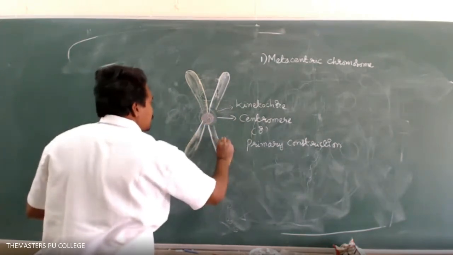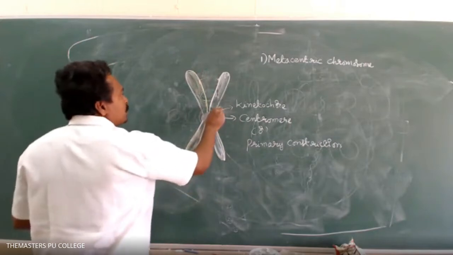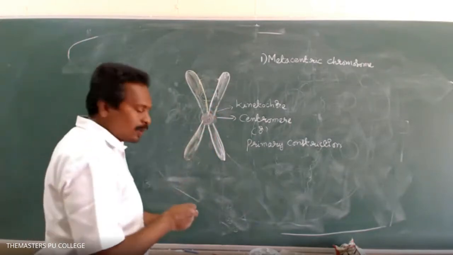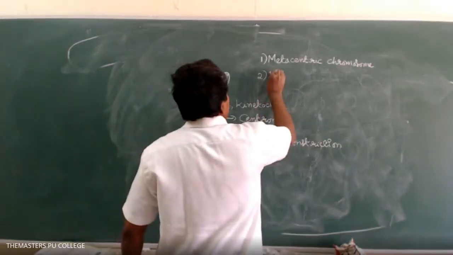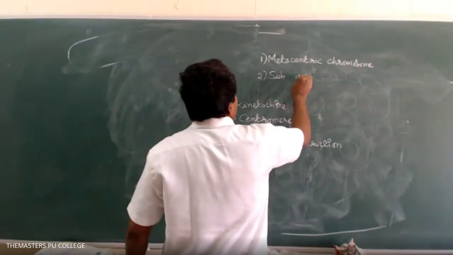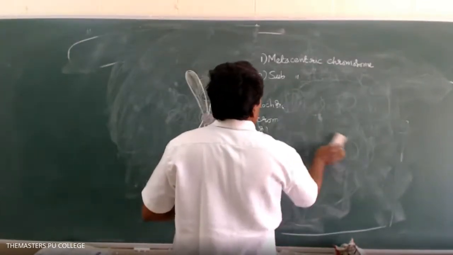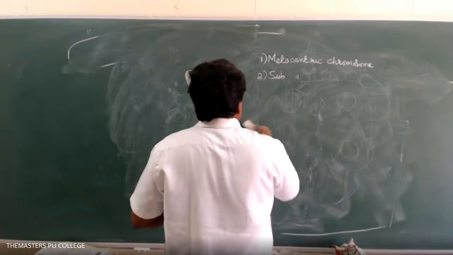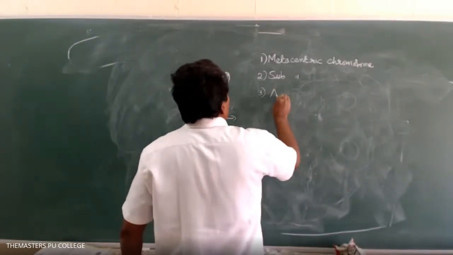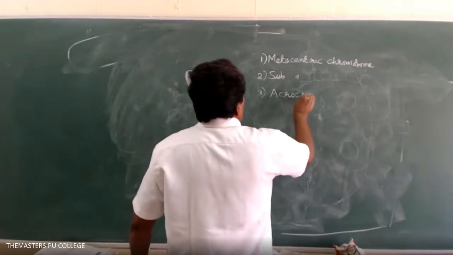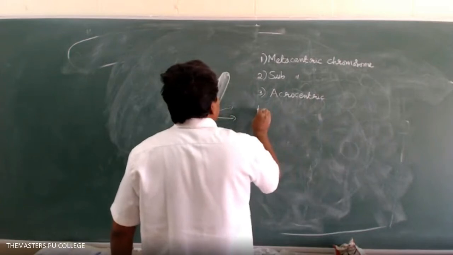Based on position of centromere, the chromosomes are differentiated into the 4 types. One is metacentric chromosome, second one is submetacentric chromosome, third one is acrocentric chromosome, fourth one is telocentric chromosome.